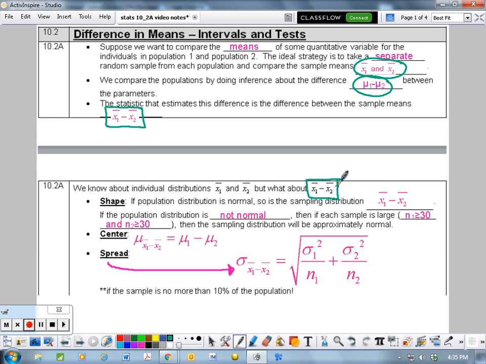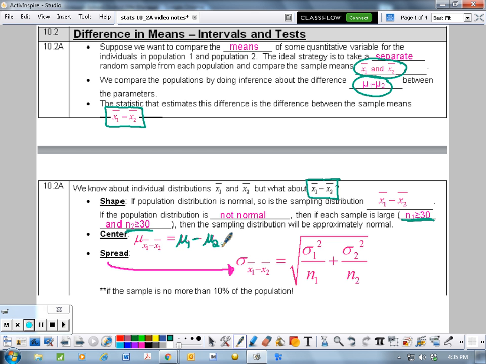But we also know that if the population distribution is not normal, but each sample, both of them, are large, meaning greater than or equal to 30, then our sampling distribution will be approximately normal. We know the center of that distribution will be centered at our mu1 minus mu2. And then our spread can be combined by combining those variances.